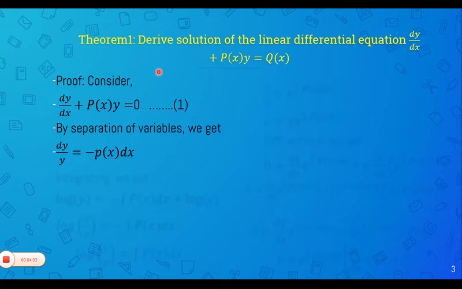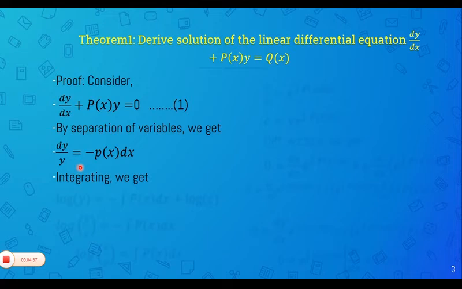The meaning of separation of variables is that you reshuffle the terms in such a way that you get an expression of the y variable only on the left hand side, and an expression of the x variable only on the right hand side. Now we will take integration of both sides.